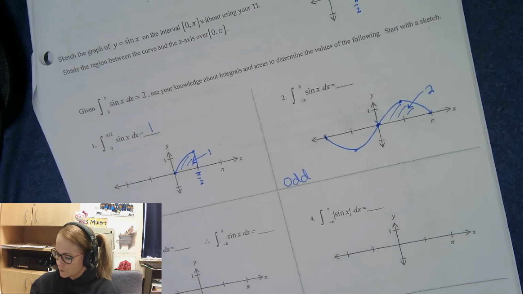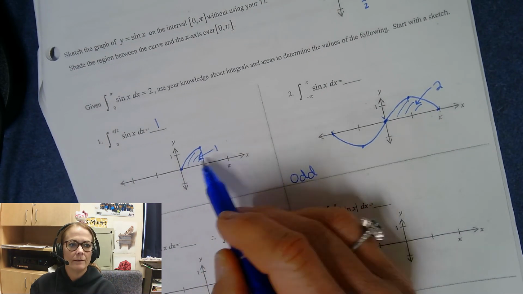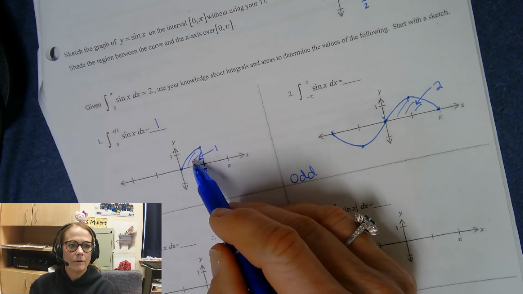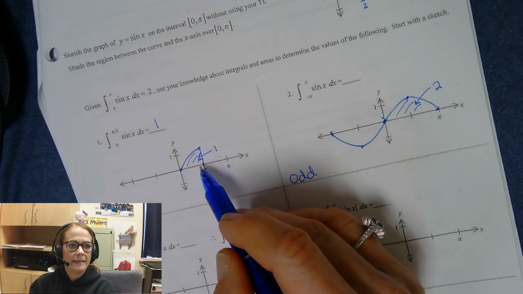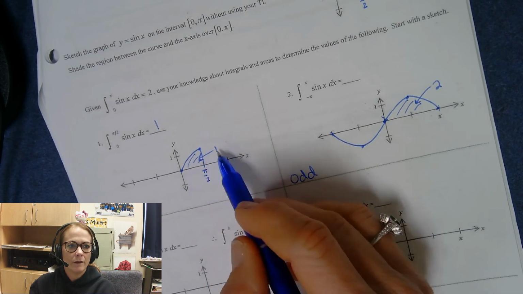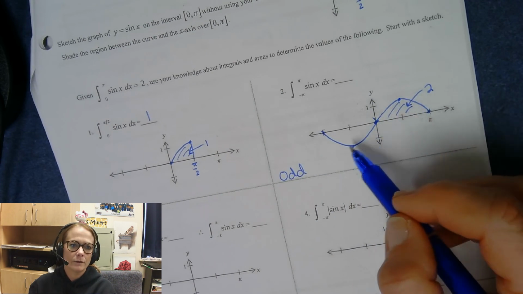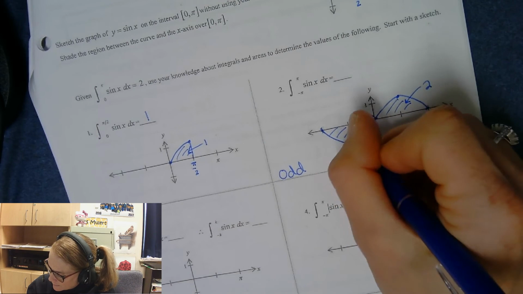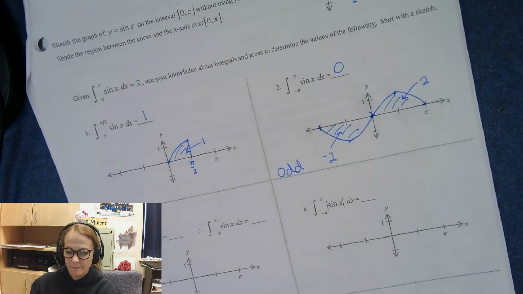It's got odd symmetry. The 0 to 1 to 0 is symmetrical, you know, from the quadrant. Basically, if you're thinking of quadrants, 0 to 90 and then 90 to pi, that's going to be symmetrical on the curve. But this is odd symmetry, so you're going to be rotating around the origin. You're going to have this piece above and this piece below. All right, so this is negative 2, and that would be an area of 0.